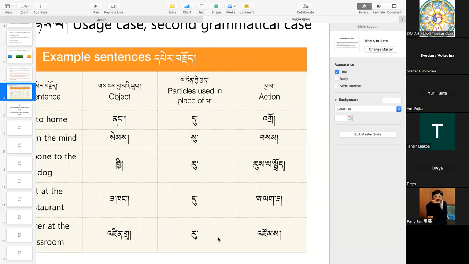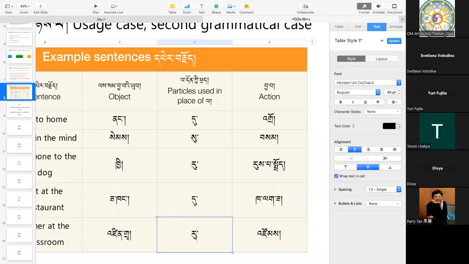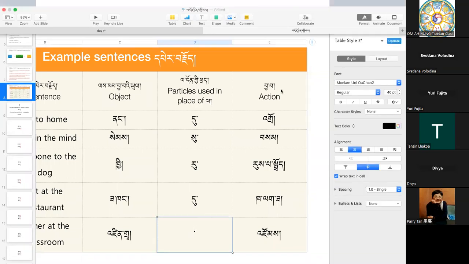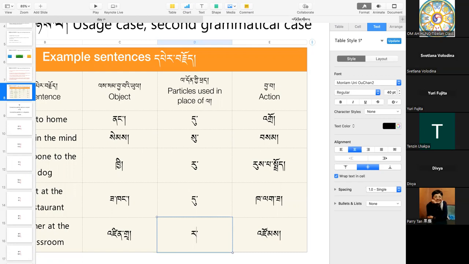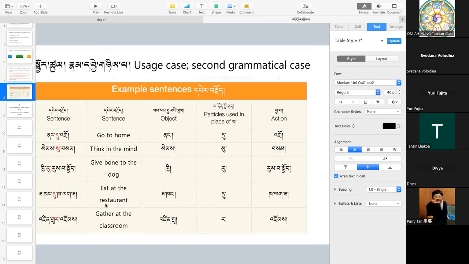It's the classroom. Zom means together. So you gather at the classroom. So zintar, zom, or zintaru, zom.